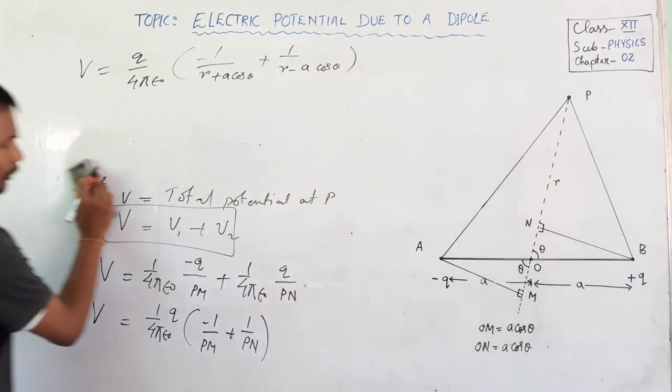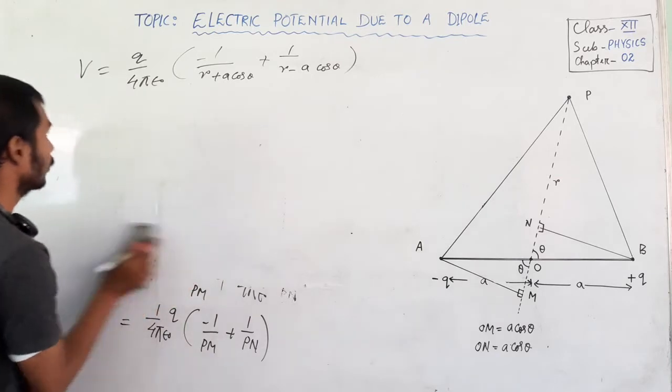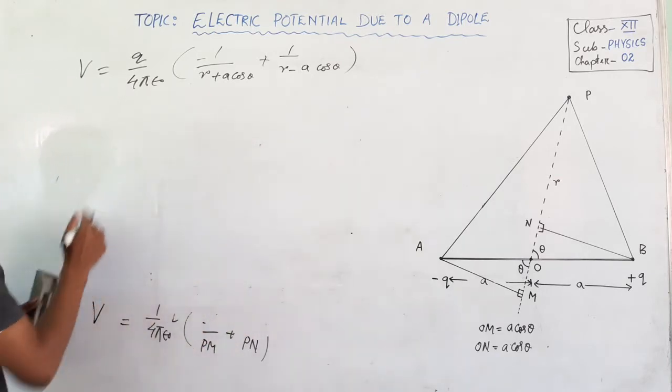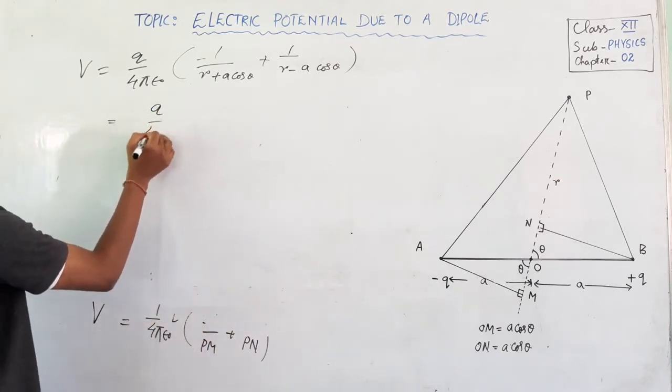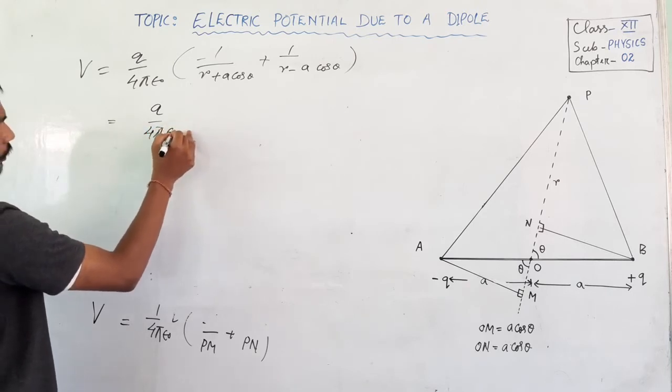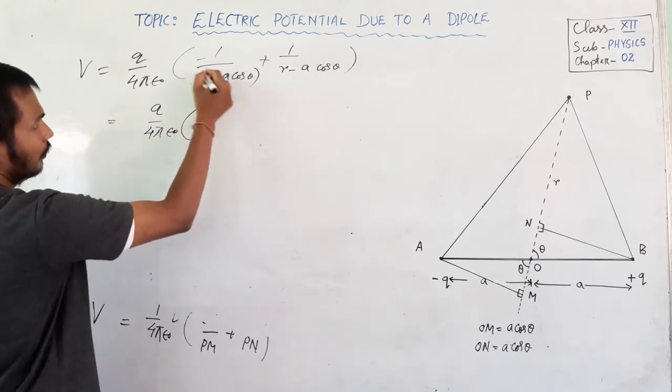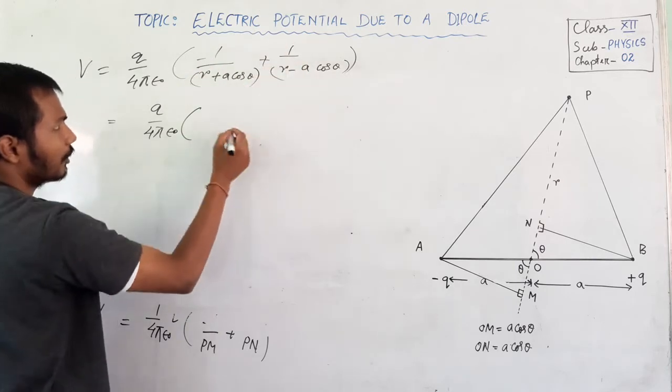Clear now to this. Now next, Q by 4 pi epsilon naught, cross multiplication.